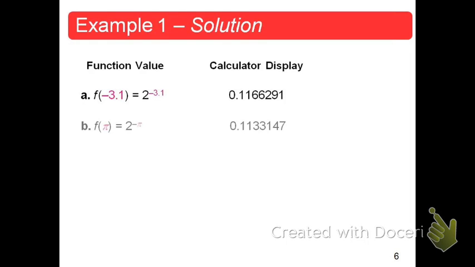Raising 2 to the negative pi, you should get this second value here. And 0.6 to the 3/2, you should get this value here. If you're not getting these values, then you should see me or someone to make sure you're plugging it into your calculator correctly.